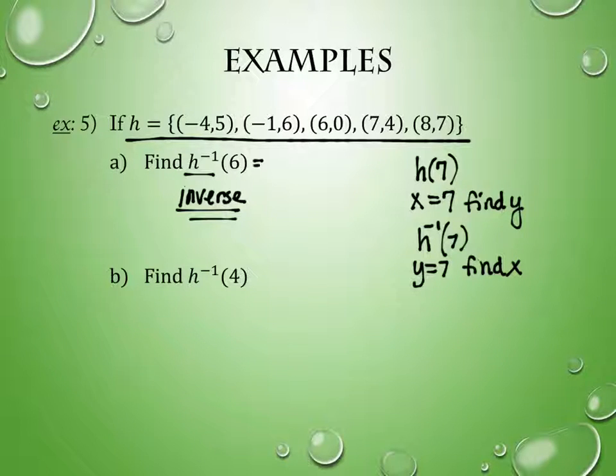So this question over here says that y is 6, and they want you to find x. So which ordered pair, the first one, the second one, the third one, the fourth one, or the fifth one, is valuable information to this question? Yeah, the second one. In the second one, I actually have 6 in the y spot.